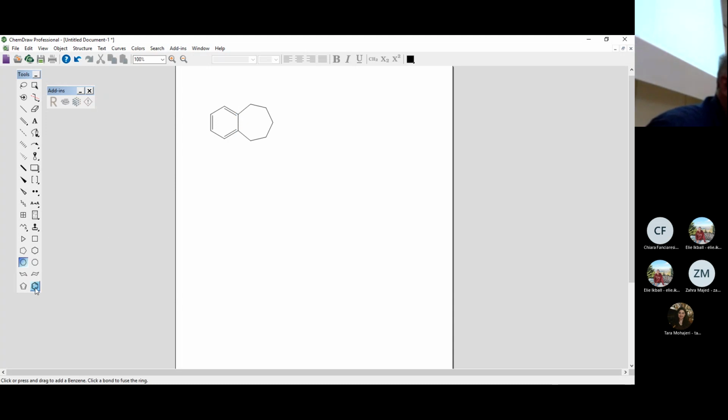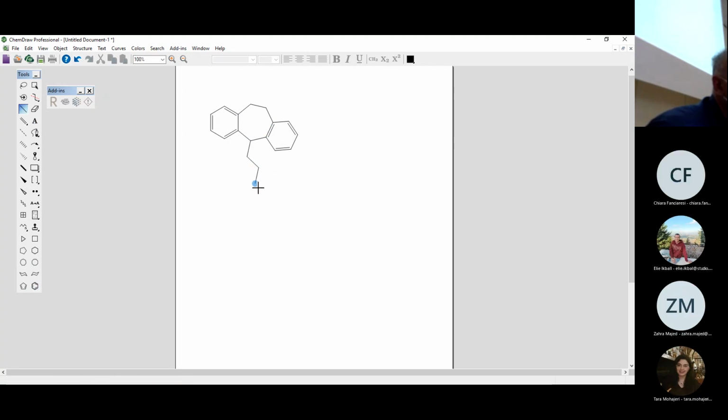Another one here, and then a nitrogen atom with a substituent.